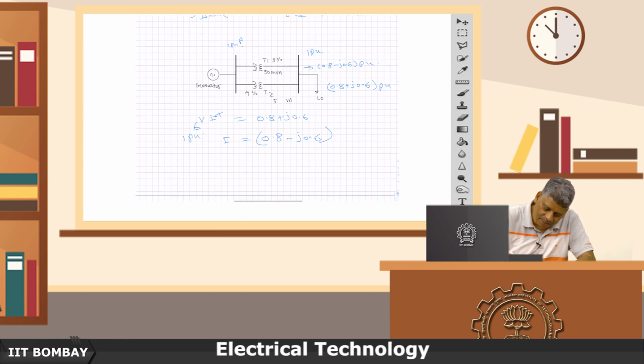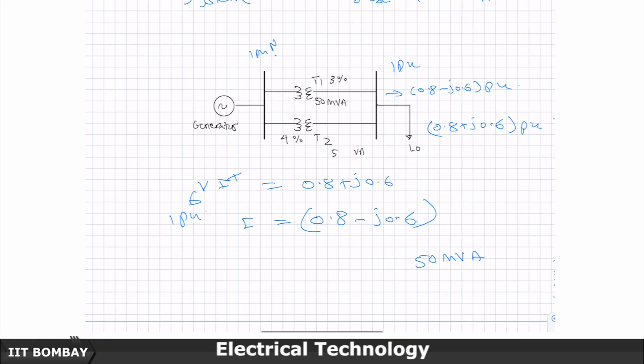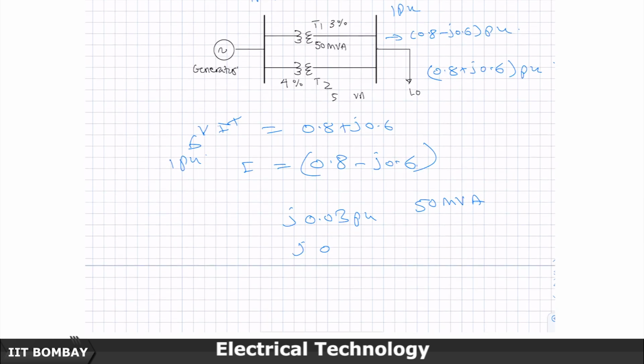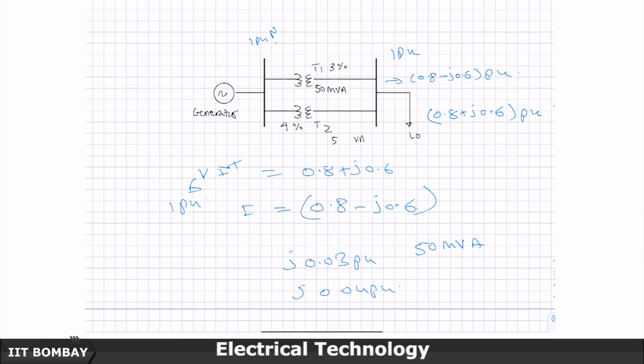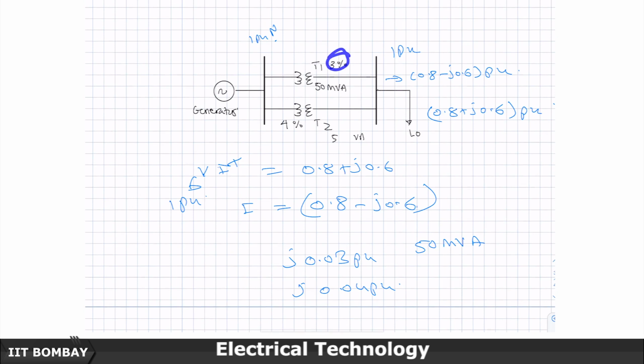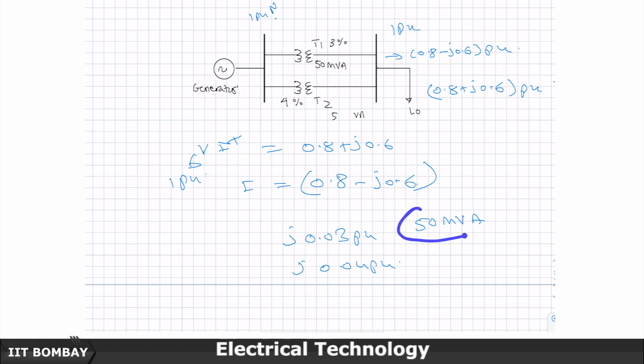Now I have given you 3% and 4% impedance. If 50 MVA was my base, I could just substitute j0.03 and j0.04 as the leakage impedances here. But because my system base is 100 MVA, if I keep the voltage base the same and double the MVA base, what will happen to the current?